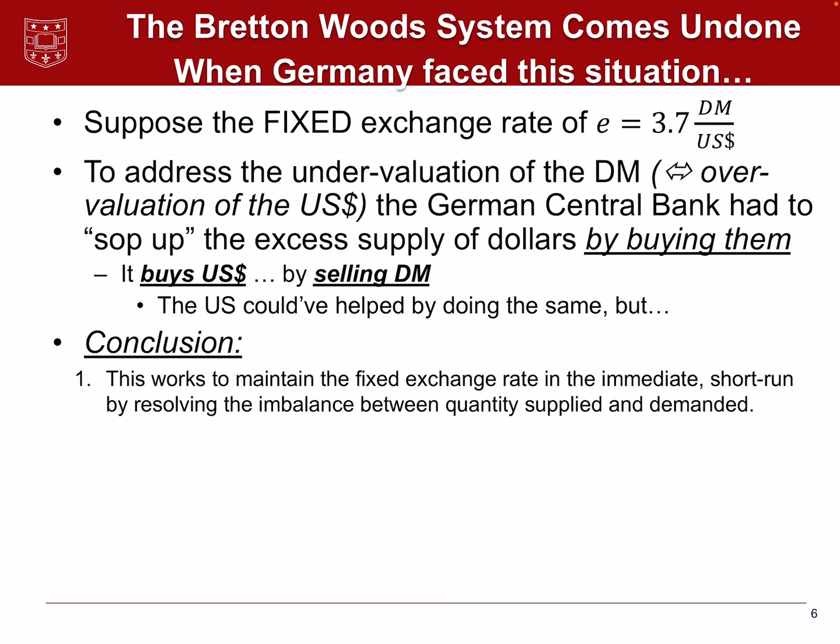So in terms of what's happening, again, if this fixed exchange rate is 3.7 Deutschmark per dollar, but the demand and supply curves are implying that the exchange rate should be lower, then to address that undervaluation of the Deutschmark and overvaluation of the dollar, the German central bank needed to, as I said, sop up or get rid of that excess supply of dollars.